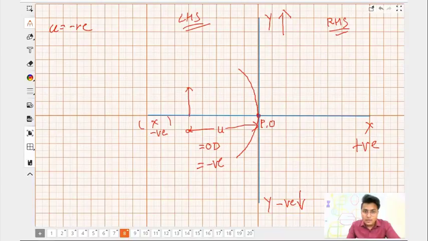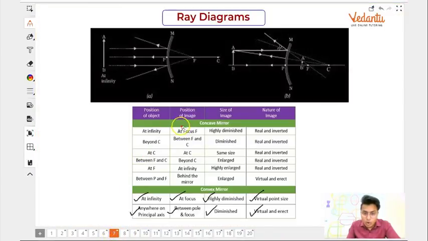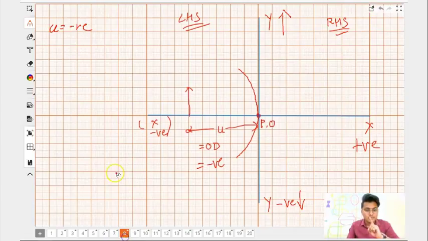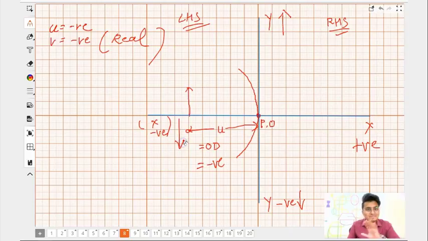So that would mean for all the real and inverted cases, your image distance for concave mirror is negative, because the image is being formed on the left hand side. Simple. Left hand side x-axis is negative, you know that, correct? That's what we wrote. So v is image distance. If you don't know about that, you must know that.